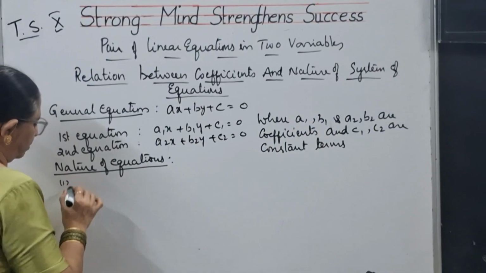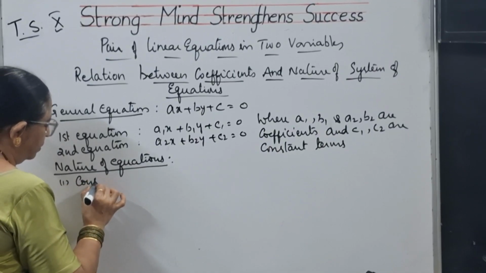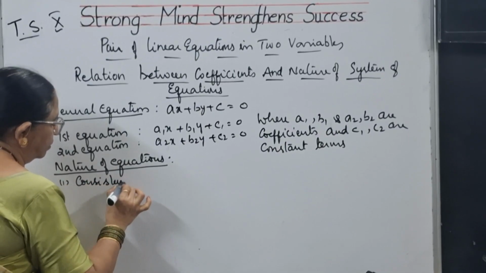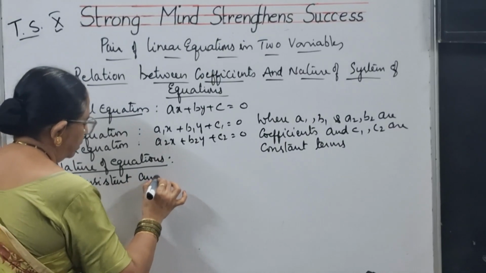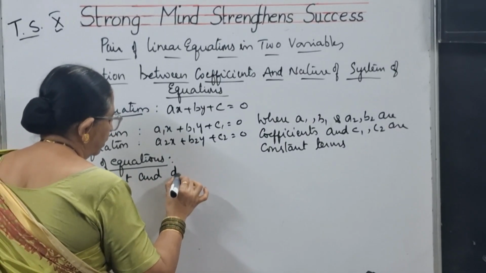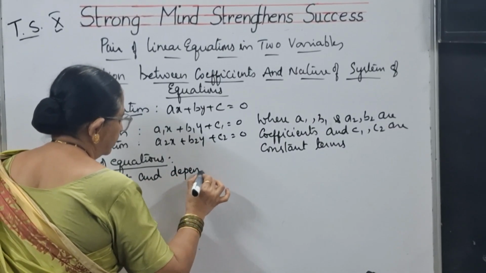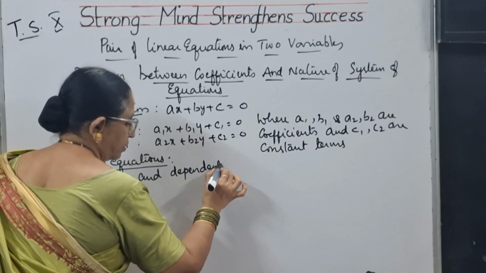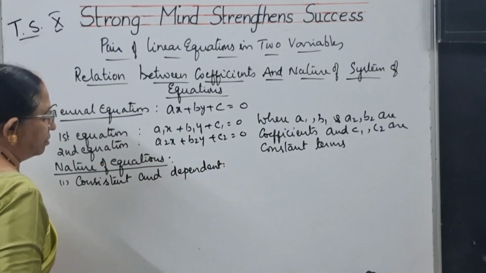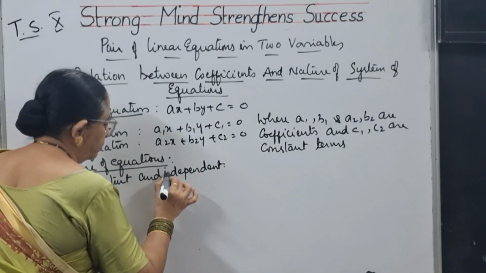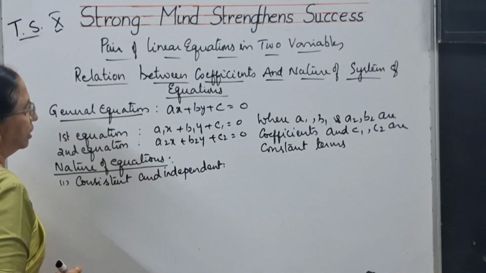The first one is consistent and dependent. We have got consistent, and first we are talking about independent, then we go for dependent.